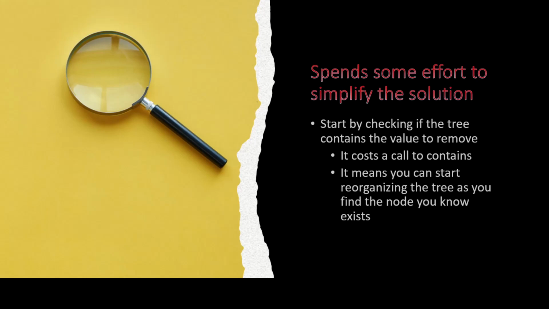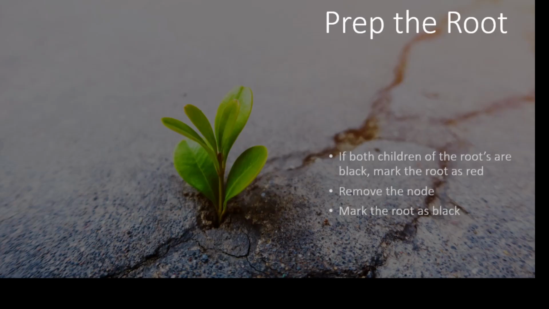We can actually start to reorder and rebalance the tree as we move down. So that makes this algorithm even more efficient than it could be otherwise, but also even more complex than it would be otherwise.